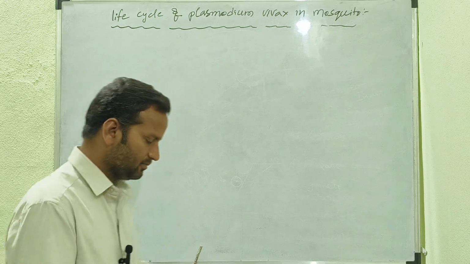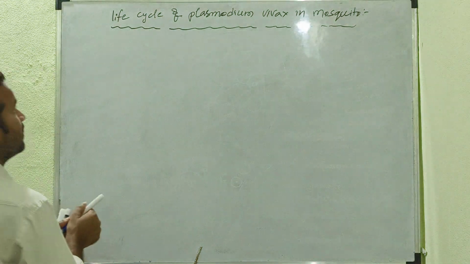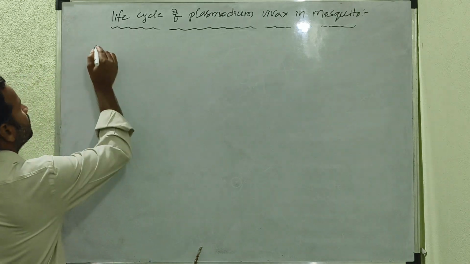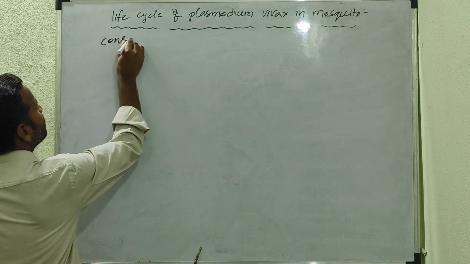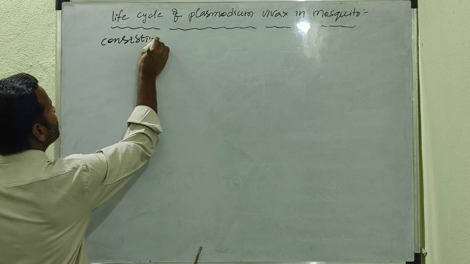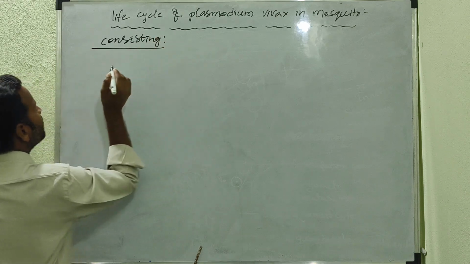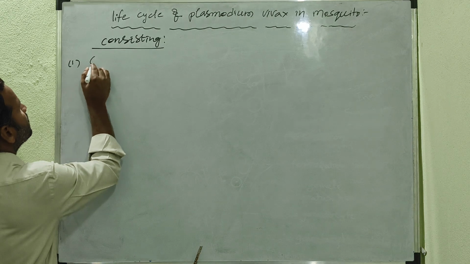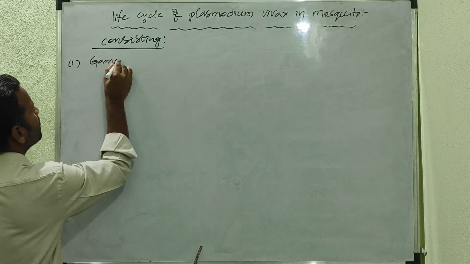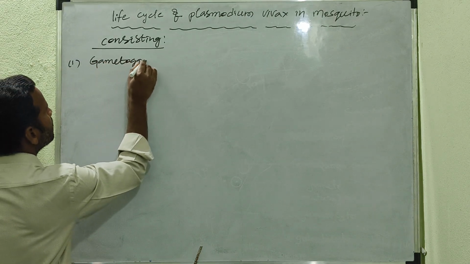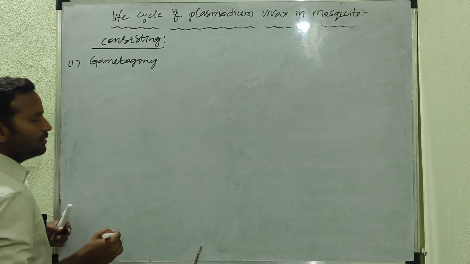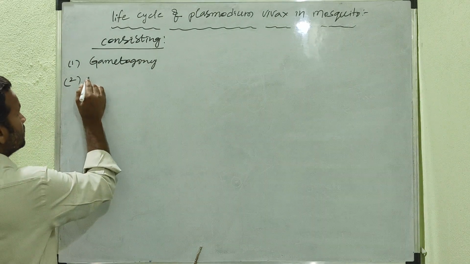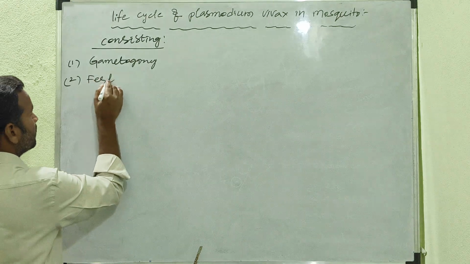The life cycle of Plasmodium vivax in mosquito consists mainly of 4 stages. One is gametogony. Second one is fertilization.